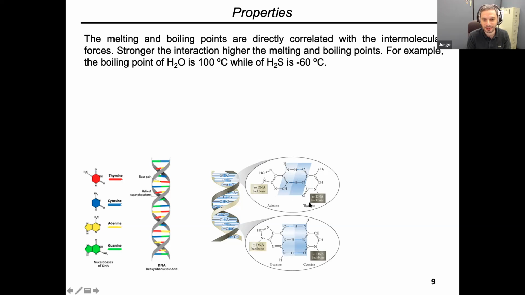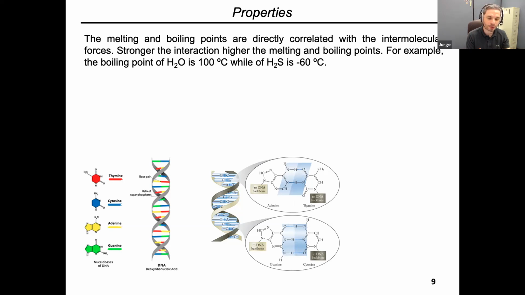Adenine and thymine form two hydrogen bonds, and G and C can form three hydrogen bonds. Okay, and that's one of the reasons that the helix is twisted. Okay, so stronger interactions here, and strong here, but not as strong as the bottom one.